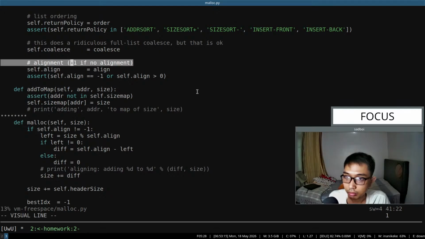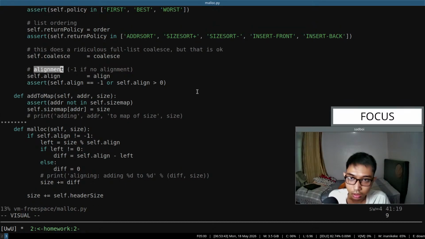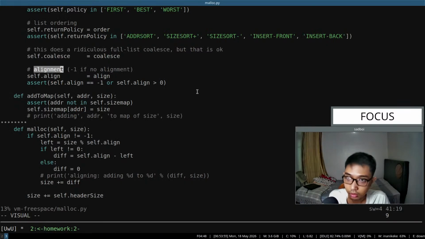Okay, alignment. -1 if no alignment. Okay, alignment, huh? I don't think we are... maybe.